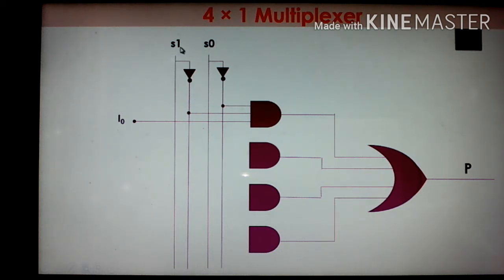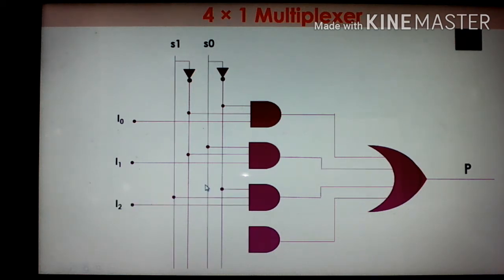Here the first value of the select lines is 0 0. So we are connecting the first AND gate to select lines 0 0, and this is the input line I0. This is the first AND gate connection. Then in the second AND gate the value is 0 1, so we are connecting these lines 0 1, and this is the input line I1.